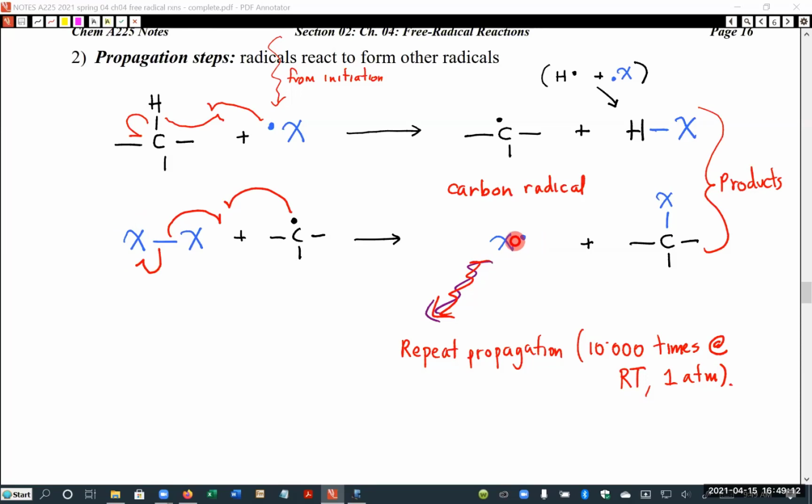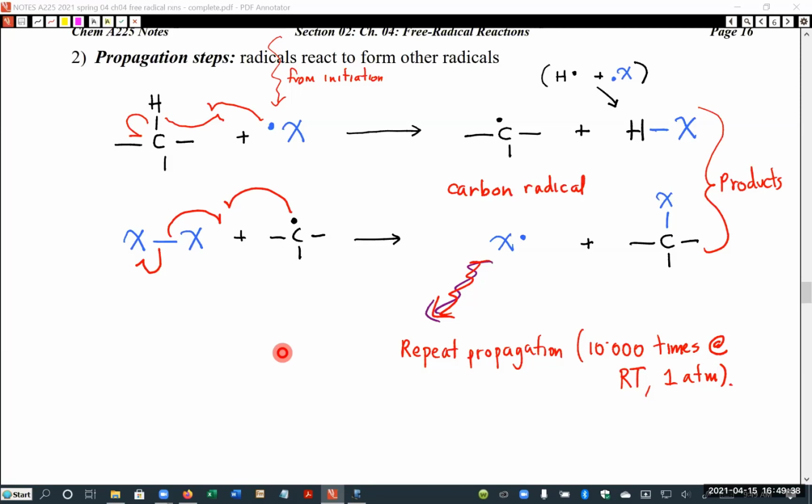And the problem is that this doesn't end the reaction because now we have a carbon radical, I'm sorry, a halogen radical that's unstable. So it's going to move down and repeat step one with a different molecule of our alkane reactant. And those two are going to repeat. And then we're going to move down and do it again and again and again. This is called a chain reaction.